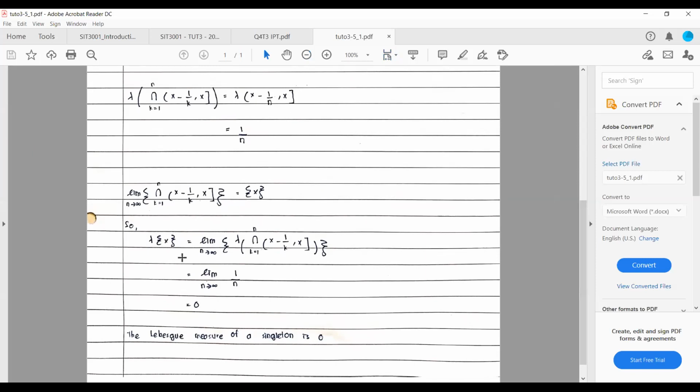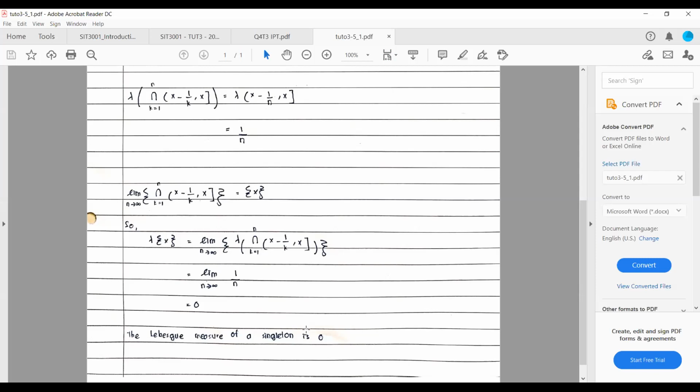Because the intersection is a countable intersection, so you are putting a Lebesgue measure on the countable intersection. Okay. The second row is okay, it's just to make the notation more coherent.